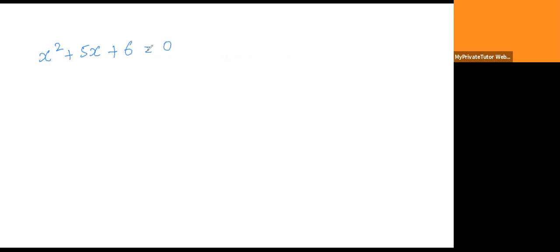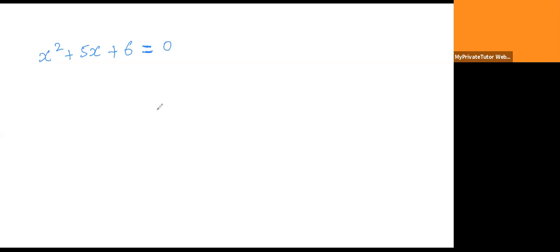Equals to 0. So this is a quadratic equation, the quadratic polynomial. I hope everyone knows that. So we need to find the values of x here. So can anyone tell me what are the values of x here? We can use two methods, either using quadratic formula, or we can use, what is the other method?